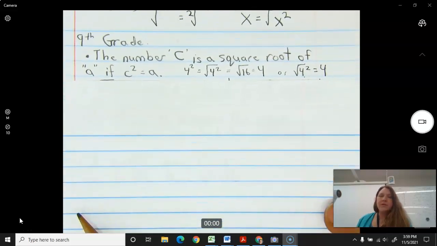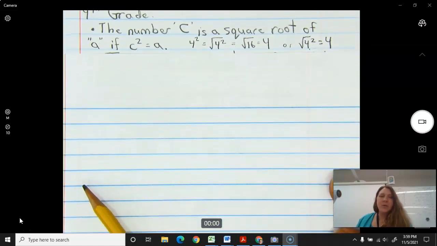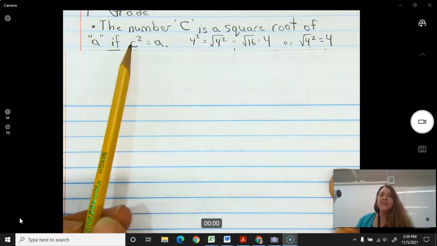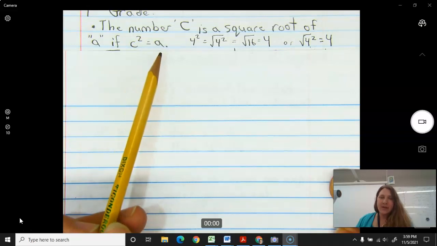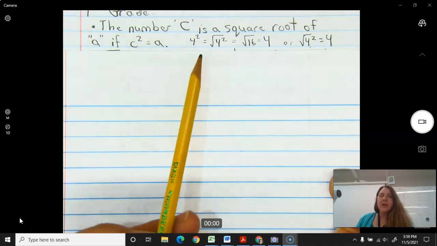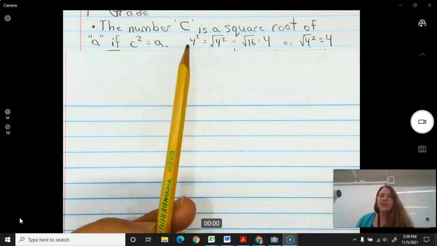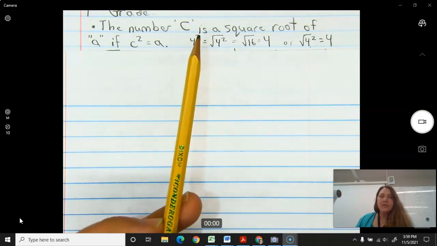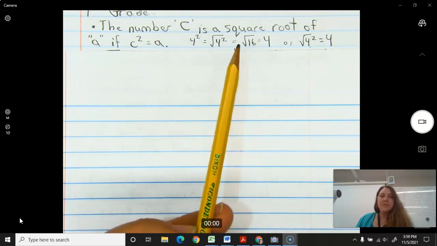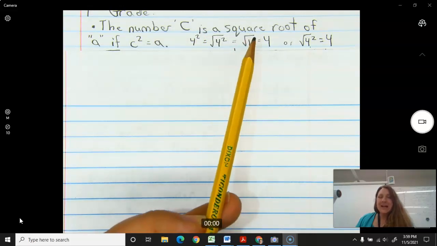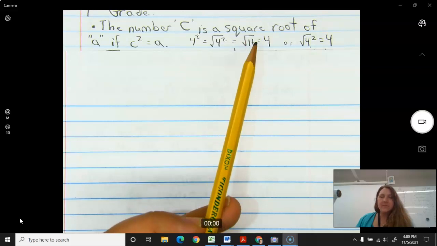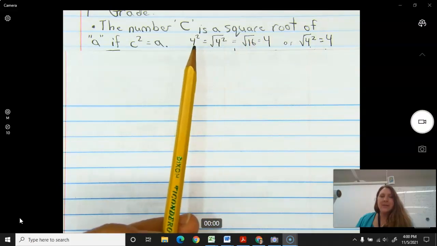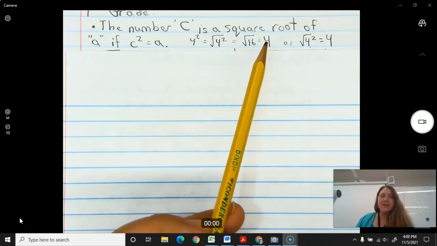So the number c is a square root of a if c squared equals a. A way to think about that is, if a number squared equals the value that is inside of the square root sign, then that base number here is in fact its square root.